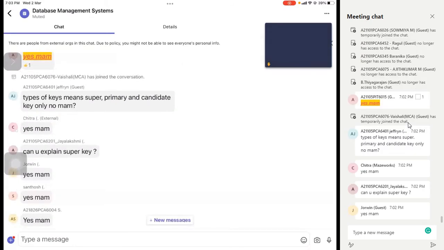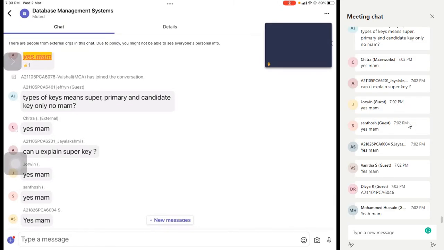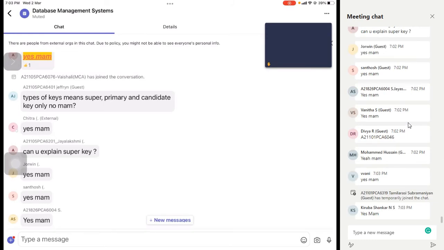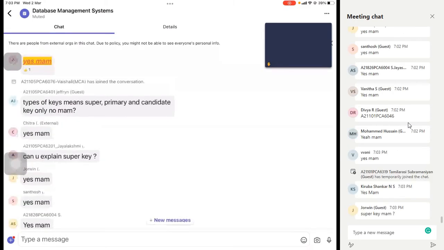Types of keys mean super, primary, and candidate key only. No, ma'am. Okay, what other than that? Jeffrey, tell us. Types? No, ma'am. Then other than that, can you say?